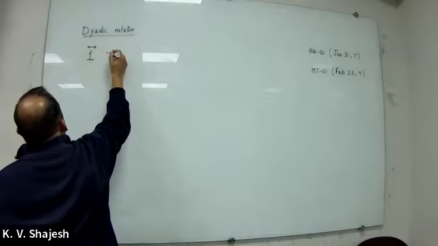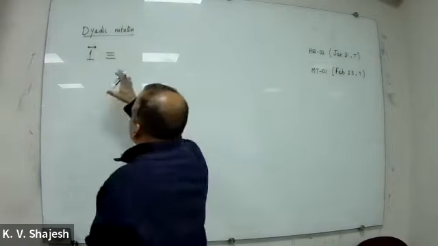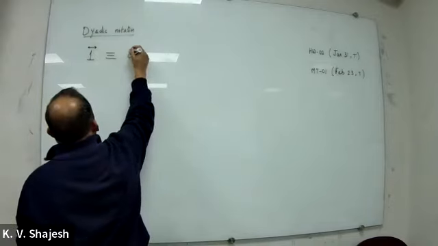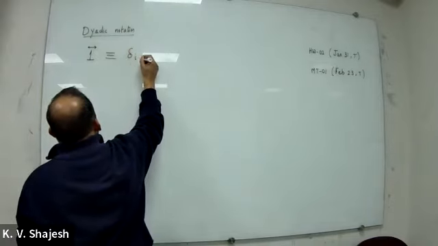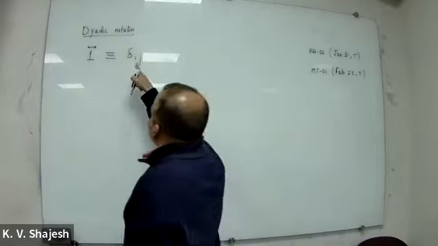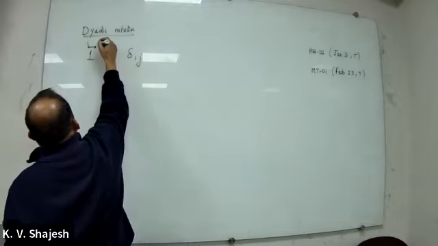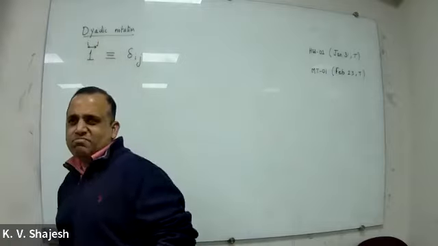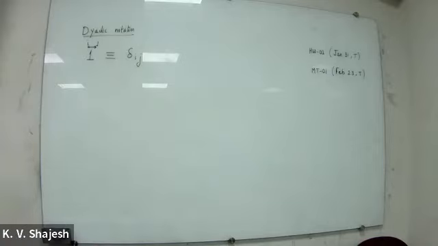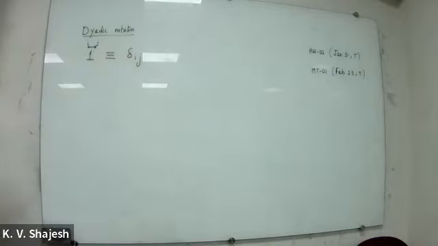This will be equivalent to, this means equivalent, right? It's not exactly equal because the two notations are being mixed up. So this I stands for this vector here, J stands for this vector there. Usually you don't say I and J there, but that's what it means.